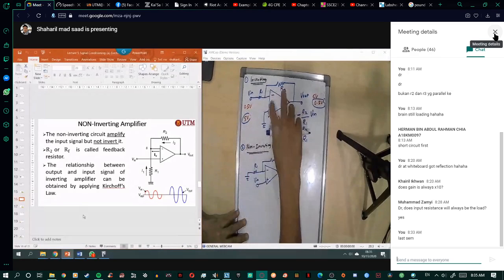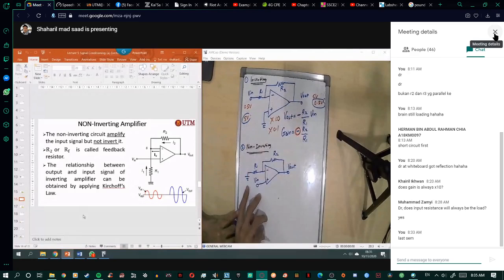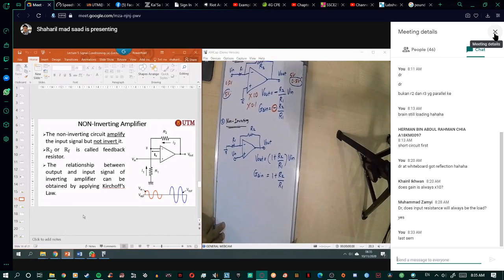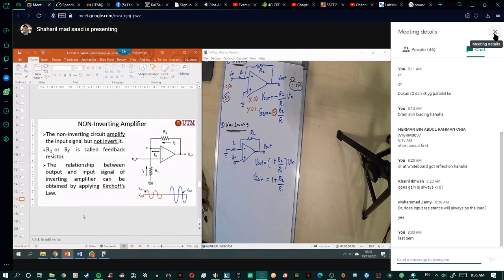Now this becomes the non-inverting, right? So all is based on the inverting, but in order to draw the non-inverting, you just switch here. Then the formula will be V out equal to 1 plus R2 divided by R1, times V in. Now the gain is 1 plus R2 divided by R1. So you can adjust any gain that you want.